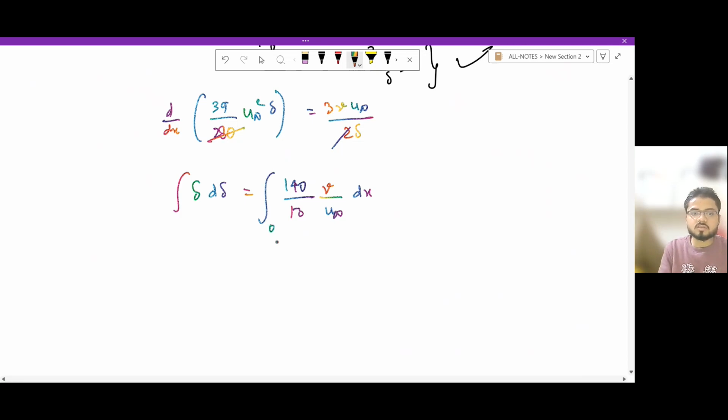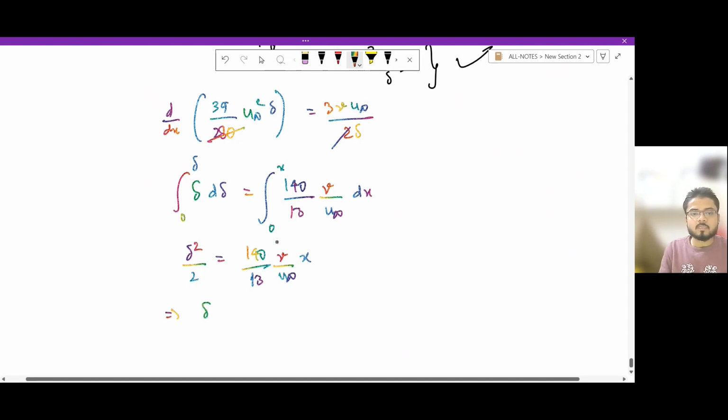At 0, delta is 0, we know that because the boundary layer is just starting, and at x equals to x, delta is del x. So this becomes del squared over 2 would be equal to 140 over 13 nu by u infinity x. So del would be equal to square root of 280 over 13 nu by u infinity x.